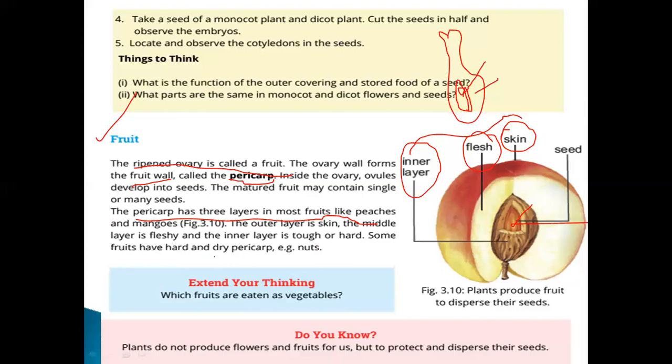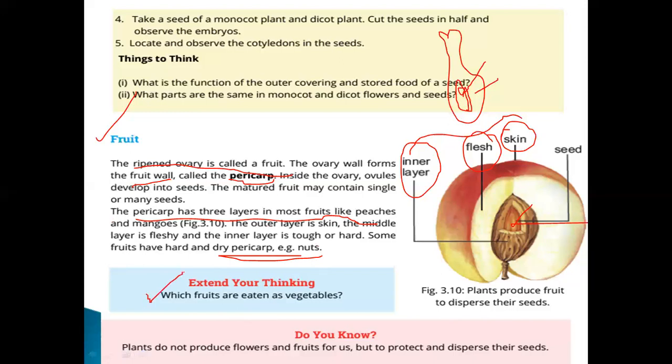Some fruits have a hard or dry pericarp, like in nuts, for example almonds, walnuts, and peanuts. That pericarp is hard, not fleshy.